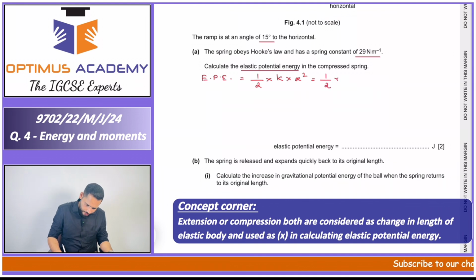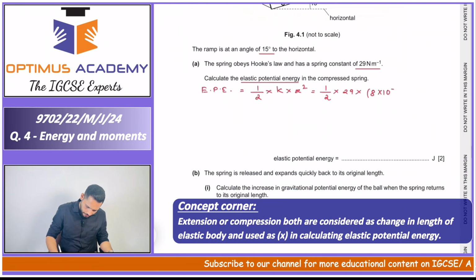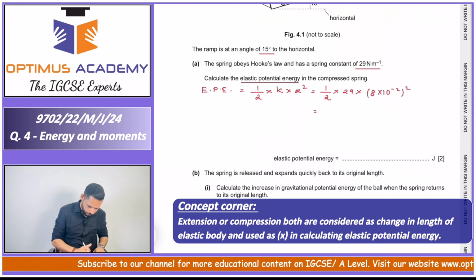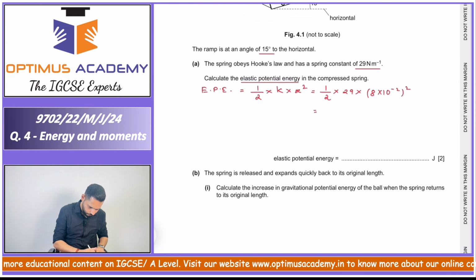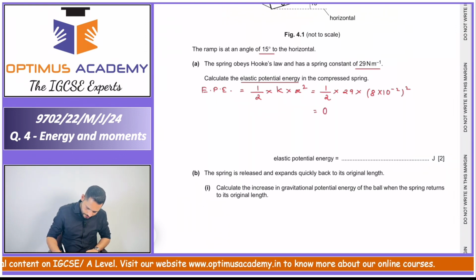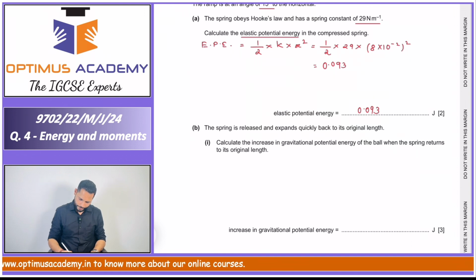So it will be half into 29 into extension, 8 × 10^-2, the whole square. The answer here is 0.093 joules.